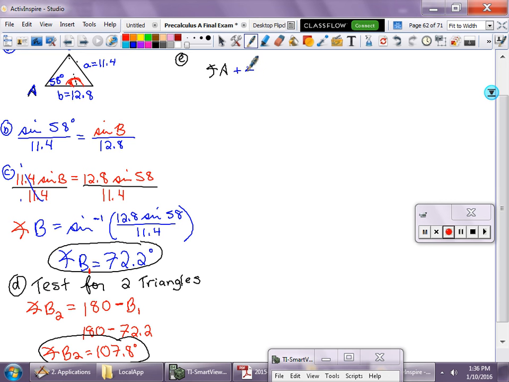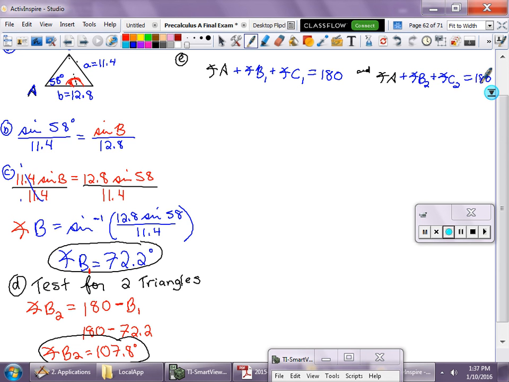Plus angle B1 plus angle C1, because now we have a different A, we're going to have a different C, if that's equal to 180. And we also have to test for B. So we'll keep these triangles separate here, and I'll have the other ones again. And we have to see if angle A plus angle B2, again, will match with C2, if they also equal 180.